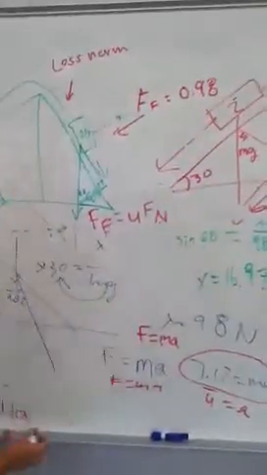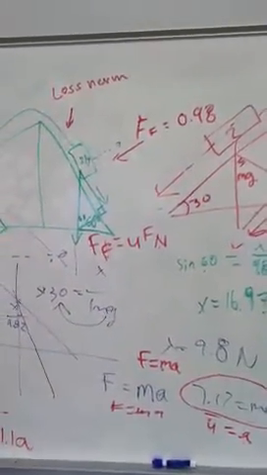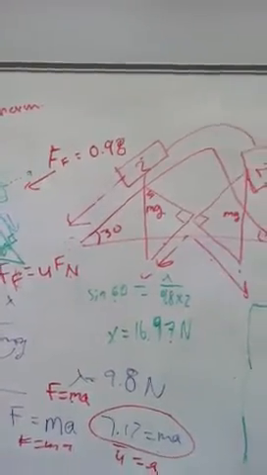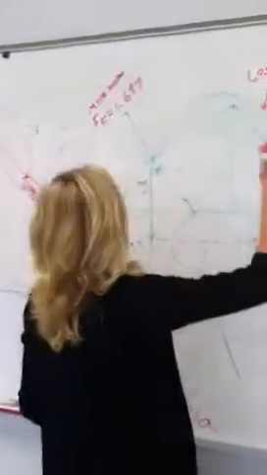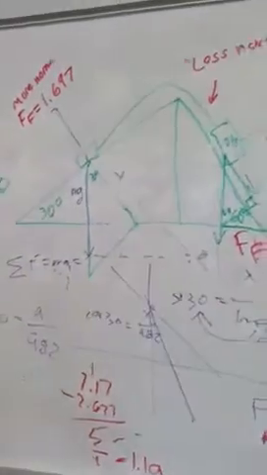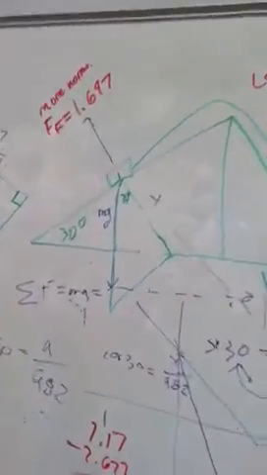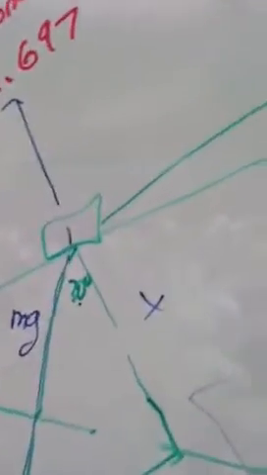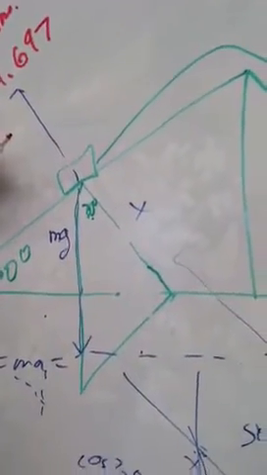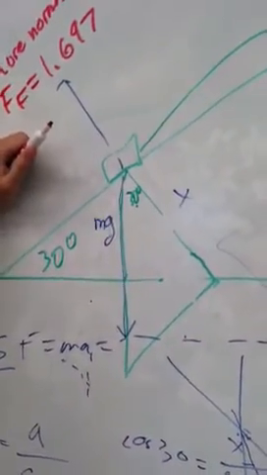To find the normal force, we do another triangle. How do we find it again?